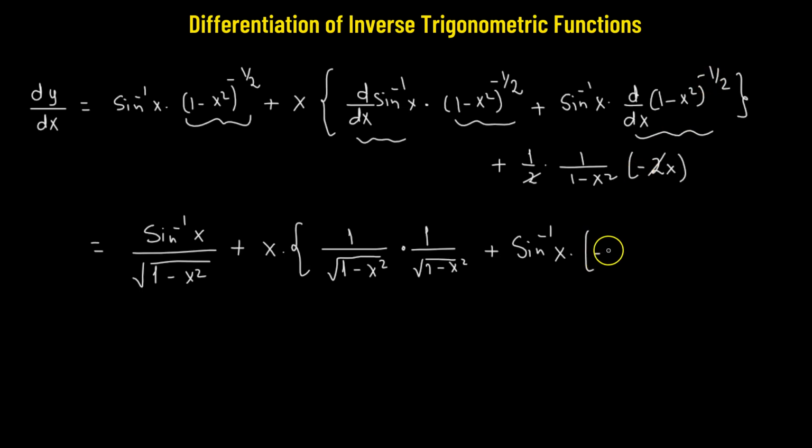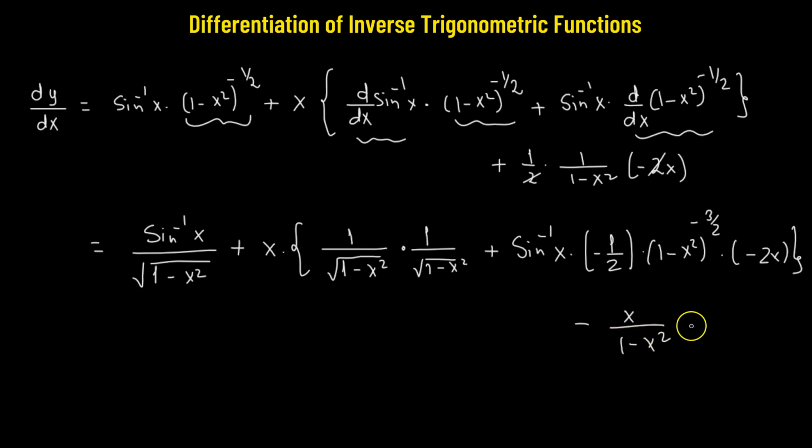We'll use the power rule. That is negative half times 1 minus x squared raised to the power of negative half minus 1, so that will be negative 3 over 2, times, applying the chain rule, the derivative of 1 minus x squared, which is negative 2x. Then we have negative plus negative x over 1 minus x squared.